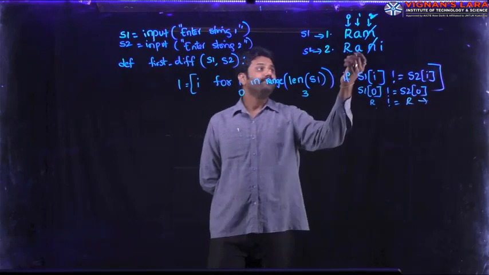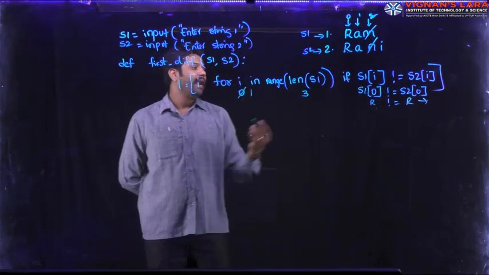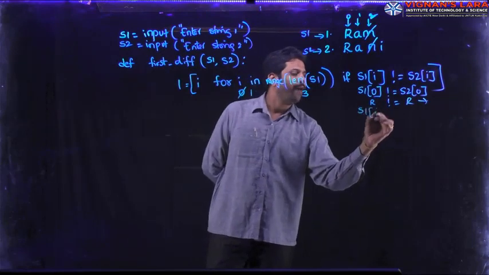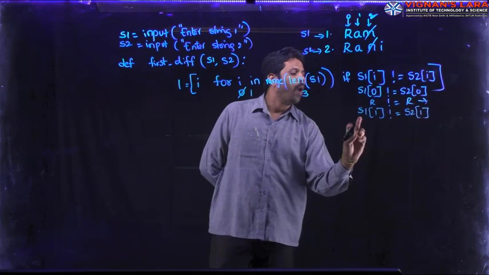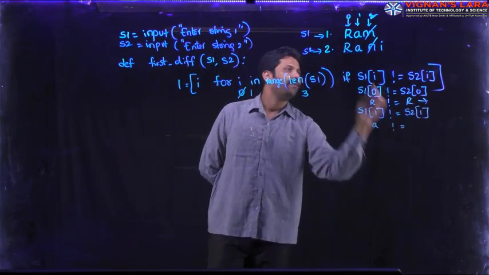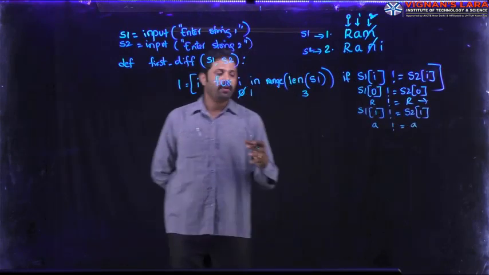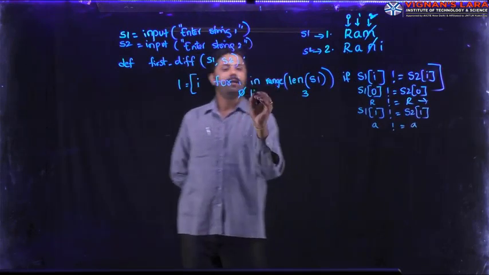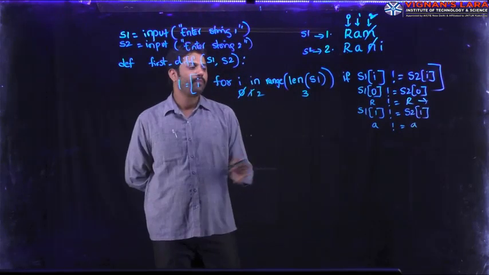Next, I value is incremented to 1. S1 of 1 not equals to S2 of 1? S1 of 1 is A and S2 of 1 is also A. Both are equal, so again the condition failed. Next, I is incremented to 2.